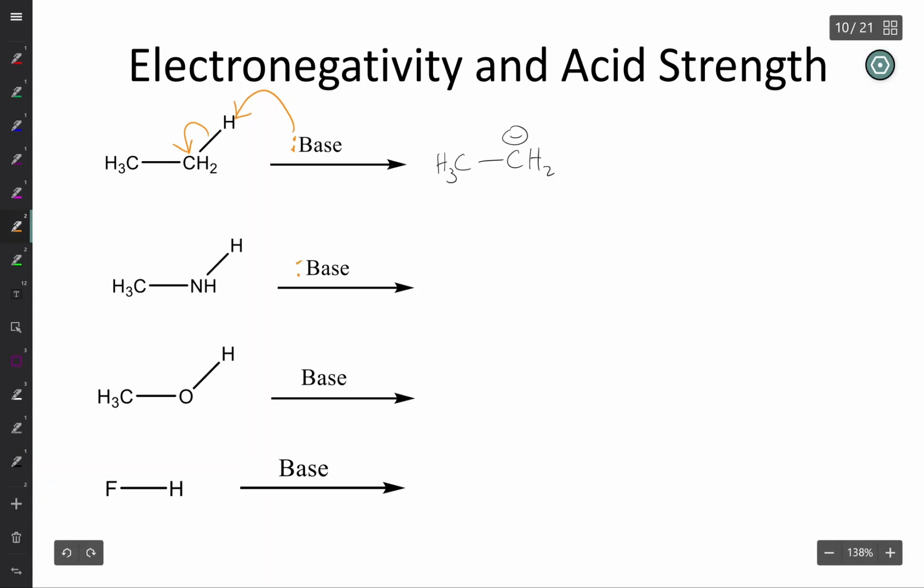In the second case, we would leave a negative charge on nitrogen. In the third case, we would leave a negative charge on oxygen. And in the fourth case, we would leave a negative charge on fluorine.